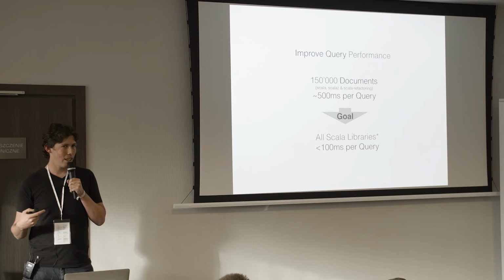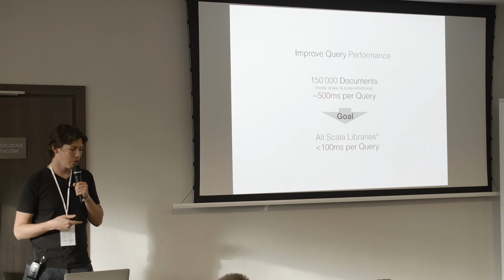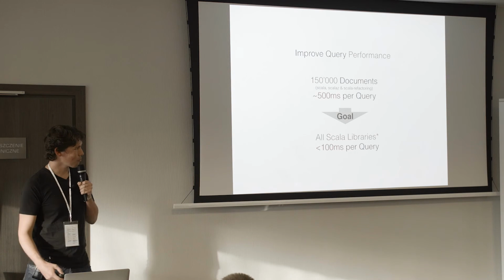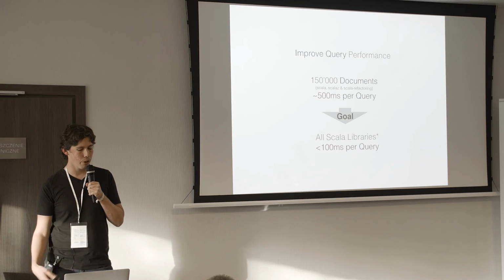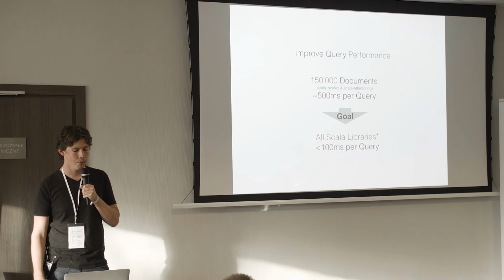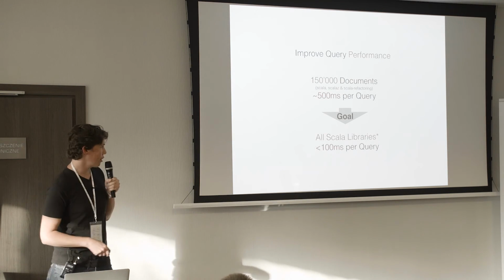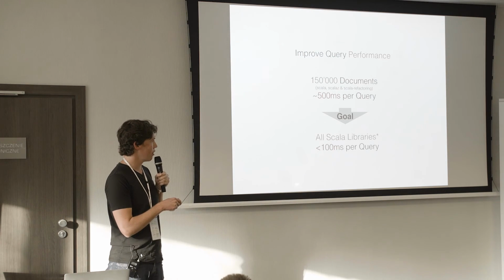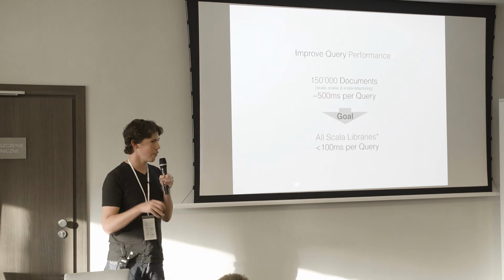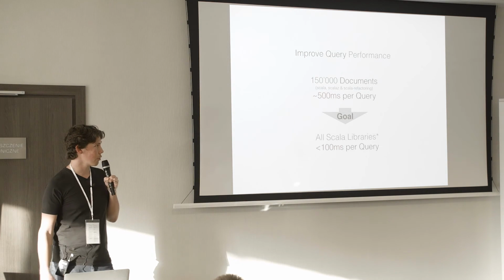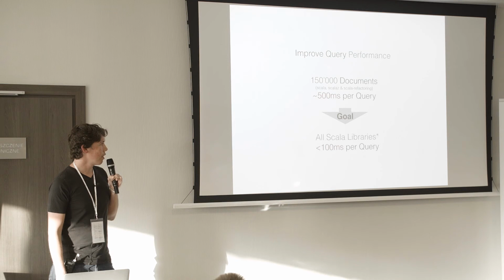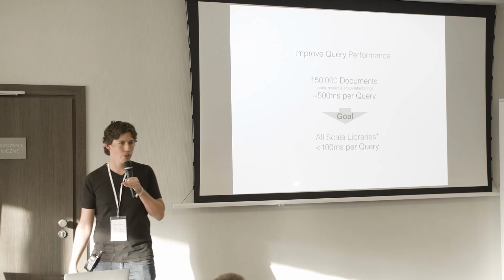Those additional values from the type class instantiation also require that we become faster with the query time. Currently I have indexed the Scala standard library, Scalaz, and Scala refactoring in a test collection with 150,000 documents, and the query time is about 500 milliseconds.